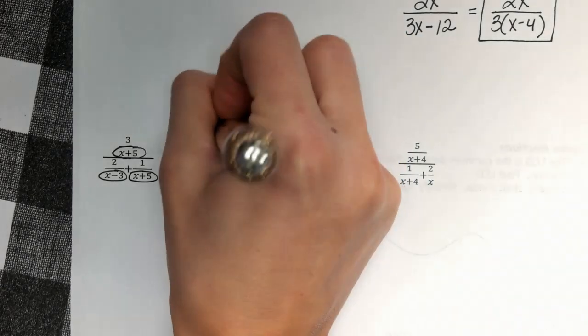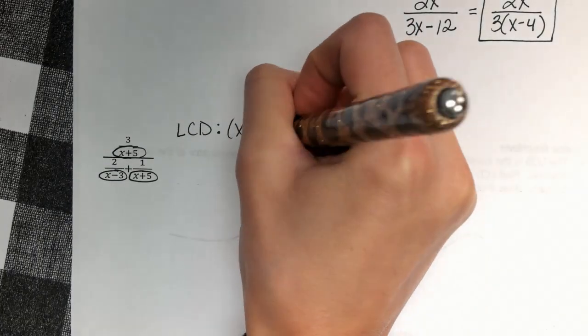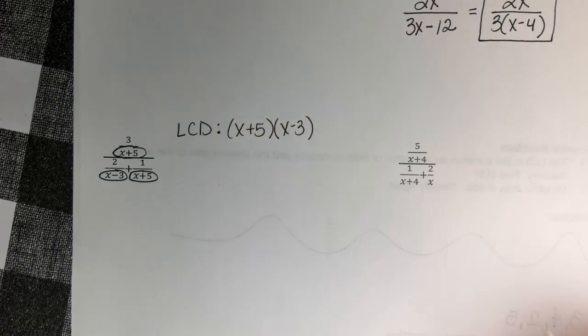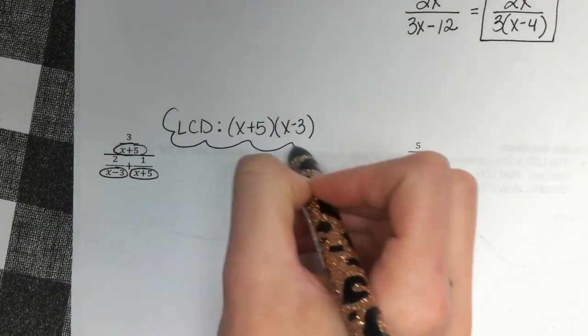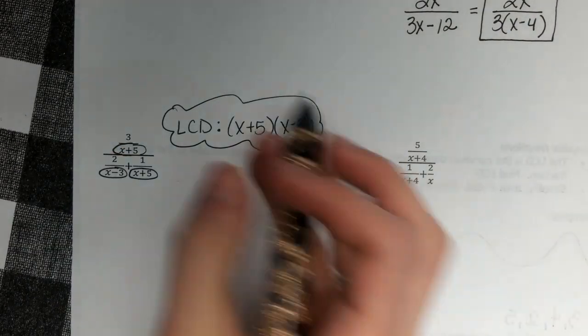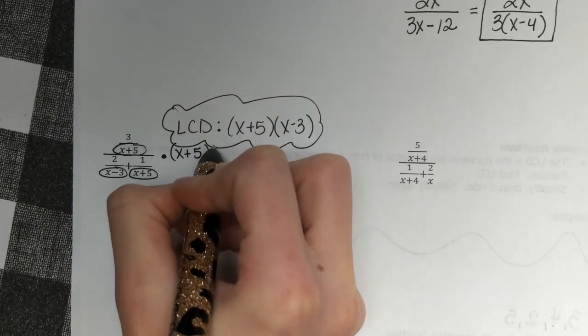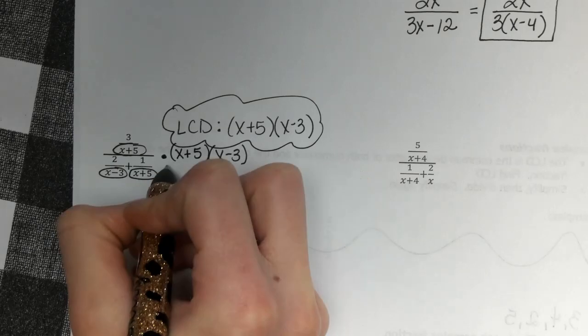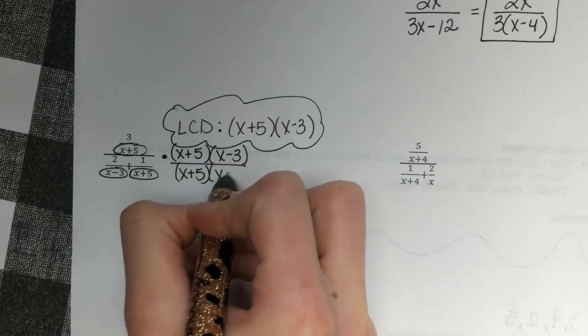Only once. And what else do I need? X minus 3. So that's my LCD. And that's what I'm going to multiply by. X plus 5 times x minus 3 over x plus 5 times x minus 3.